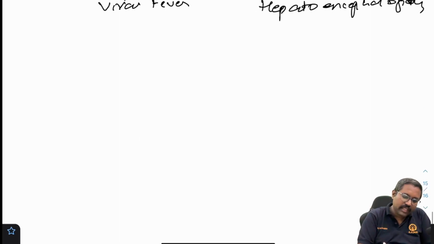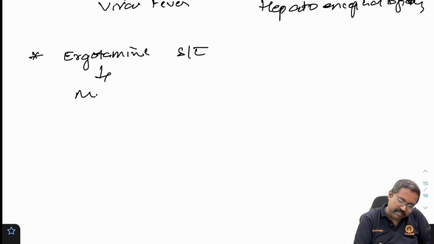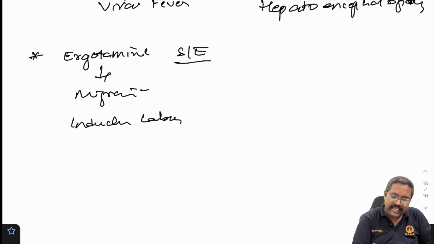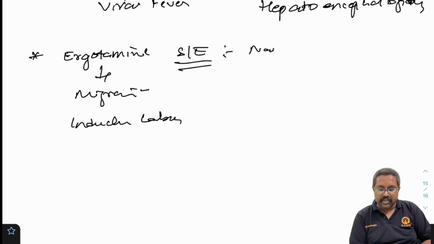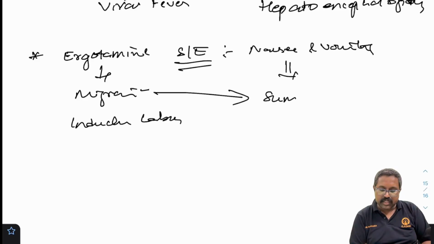Then we have drugs like ergotamine. So why is ergotamine not preferred? Ergotamine is basically used in treatment of migraine and also for induction of labor. The main side effect is that it causes nausea and vomiting. That's why in migraine you use sumatriptan.